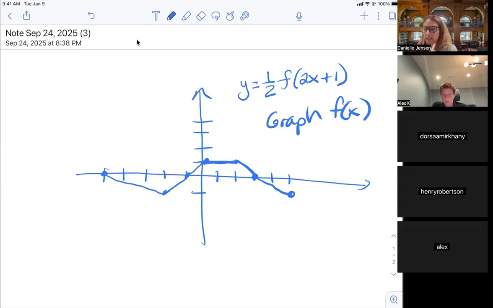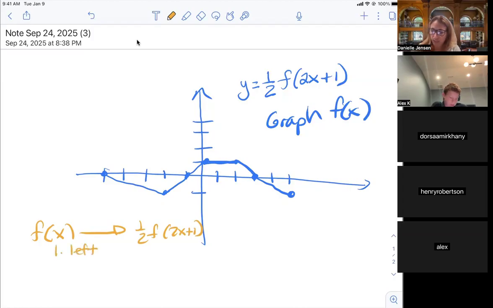Think about if I were going from f of x to 1/2 f of 2x plus 1, and I were doing the domain transformations first. I would do reverse order of operations, right? I would do left 1, and then I would horizontally shrink by a factor of 2.